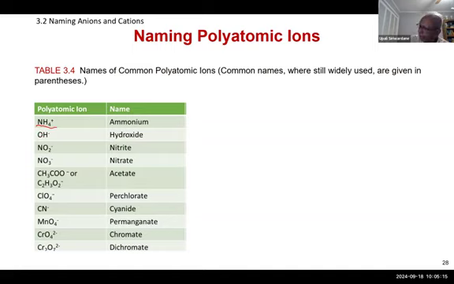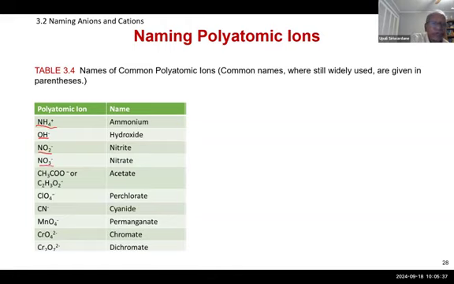First one is hydroxide ion, OH minus. Second one is nitrite, NO2 minus. Third one is nitrate.